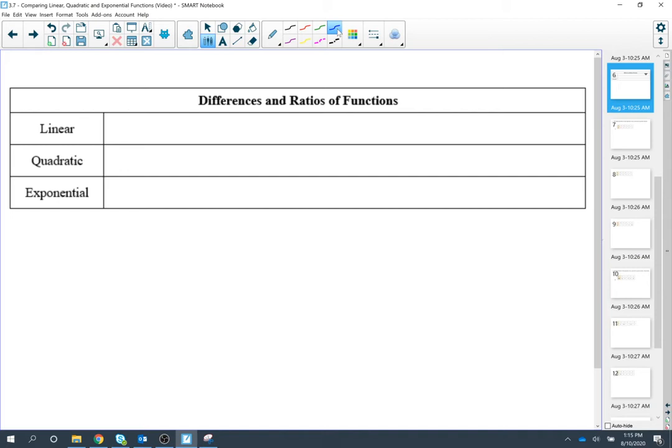So, linear. If you have a function and you're given a table of values and it's a linear function, then the first differences are the same. And that will probably make more sense once we do it.